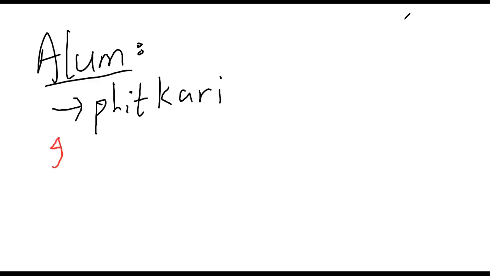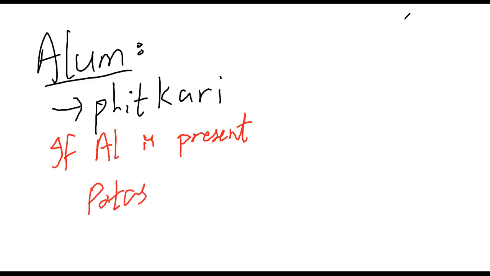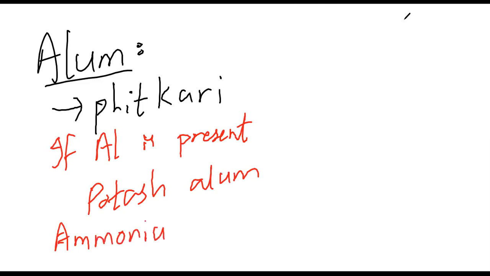If aluminum is present, then the name of a monovalent element is used. The names are potash alum and ammonium alum.